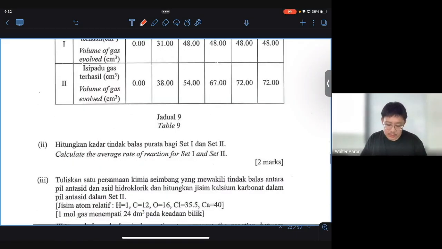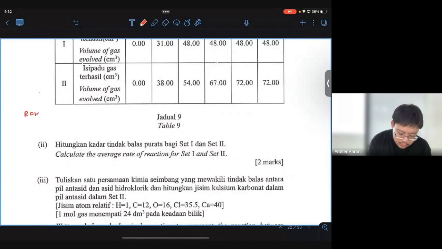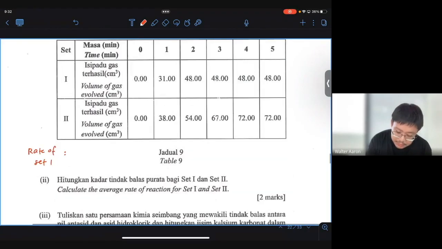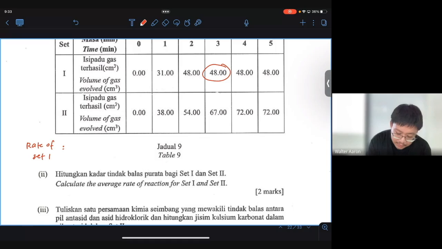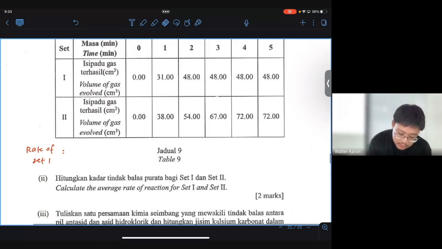Okay, so calculate the average rate of reaction for set 1 and set 2. So the rate for set 1: the maximum volume of gas collected is 48, right? And it takes about 2 minutes.